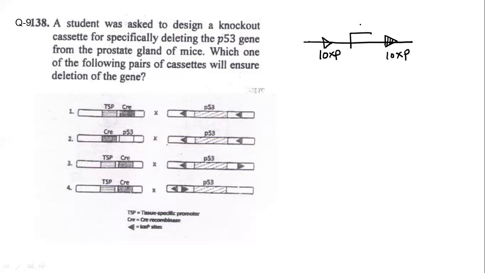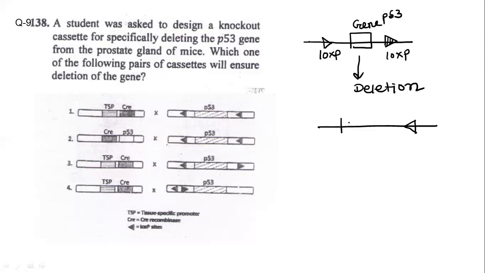Suppose the gene is here, gene X, or here the gene is P53. It's a tumor suppressor gene. If you have to delete P53 from the genome, you can do that by placing the LoxP sites in the same direction, so it leads to deletion. If one LoxP is in this direction and another LoxP is in the opposite direction with the gene between them, it leads to inversion of the gene.